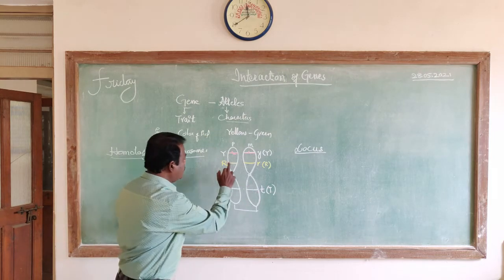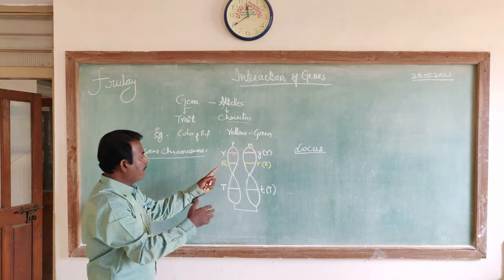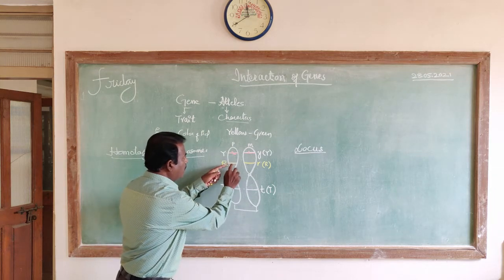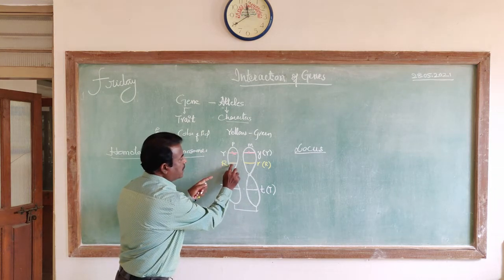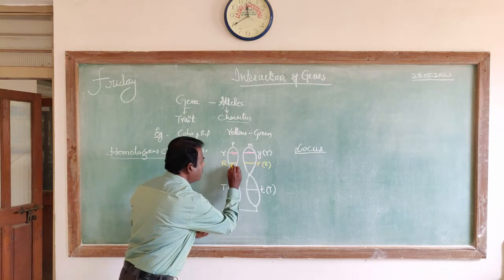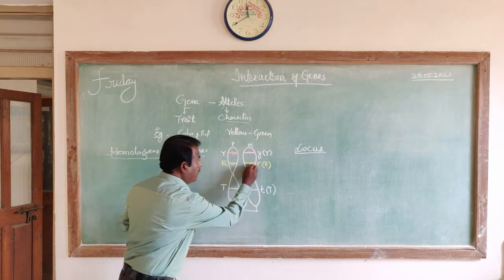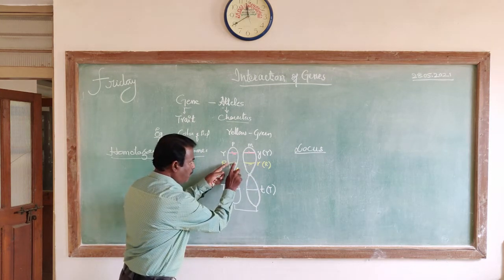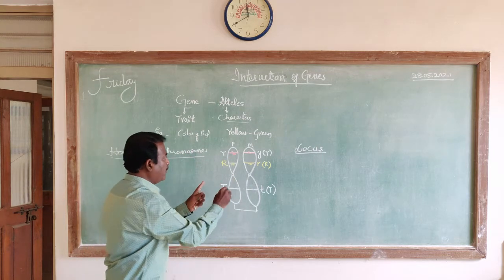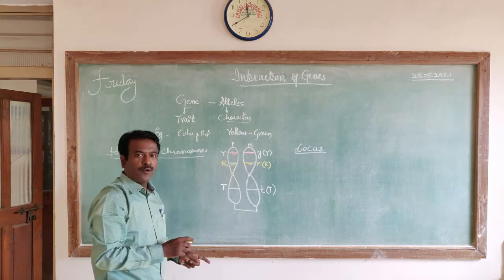Similarly, for another set of alleles for the shape of the seed, capital R is present on the paternal chromosome at position 10. If it is at position 10, this must also be at position 10 on the maternal chromosome. That means the alleles of a gene must be located on the same locus in homologous chromosomes.